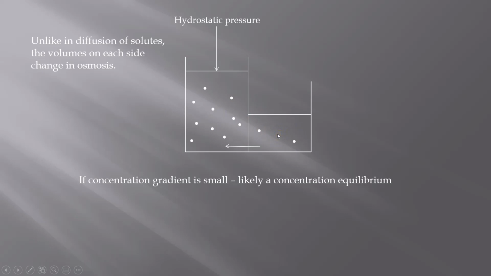If, however, the initial concentration gradient is very large, water will move over to the left, but it will stop moving when hydrostatic pressure equals osmotic pressure, regardless of the relative concentrations on each side. There's two ways you can come to equilibrium in a situation like this.